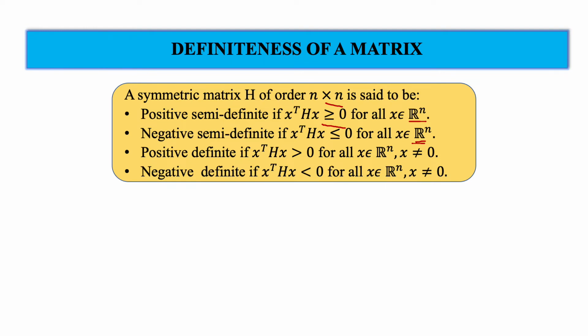Similarly, it will be positive definite, and for negative definite, if a strict inequality holds for x not equal to 0. If it is strictly greater than 0 then it is positive definite, and if it is strictly less than 0 it is negative definite. Okay, so let's discuss this with a few examples.